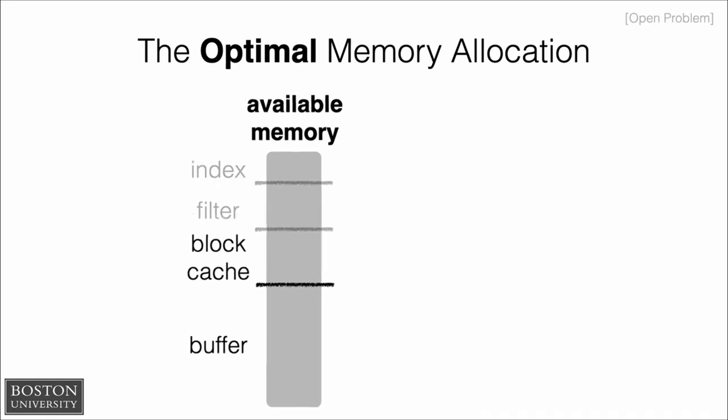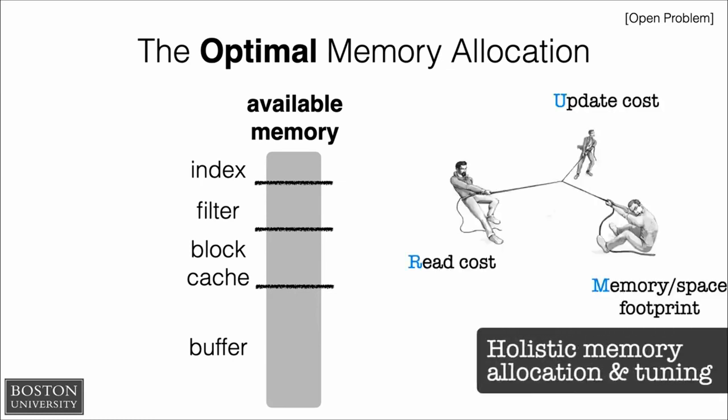So it still remains an open and very interesting problem to see, can I co-optimize all of them if I have a fixed memory budget, because in reality, the memory budget is strict for the whole system. It's not about only half of the system. So this is still, I guess, an open problem. It would be very interesting to have a holistic tuning of memory allocation across all the different possible components of the system that require memory.